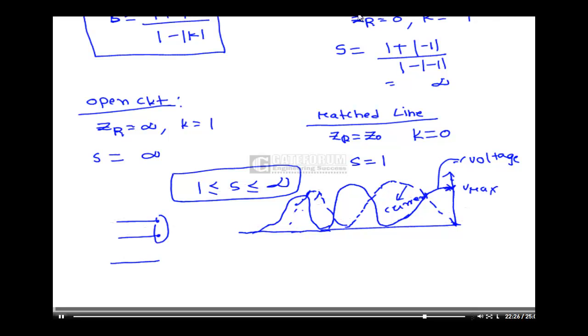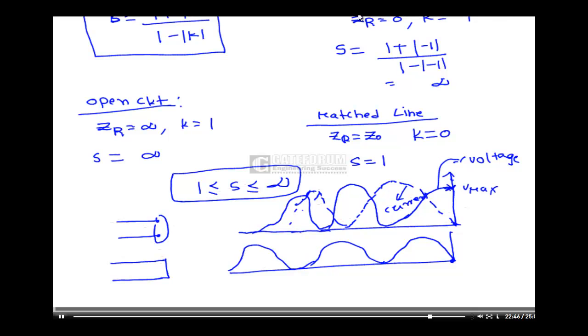Suppose the short circuit case. For the short circuit case, what happens at the load end? Voltage is minimum, voltage is zero. It starts from minimum, and the voltage standing wave pattern looks something like this. Remember, this is always the load end.